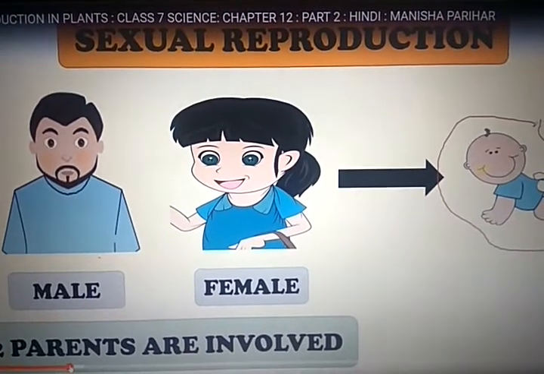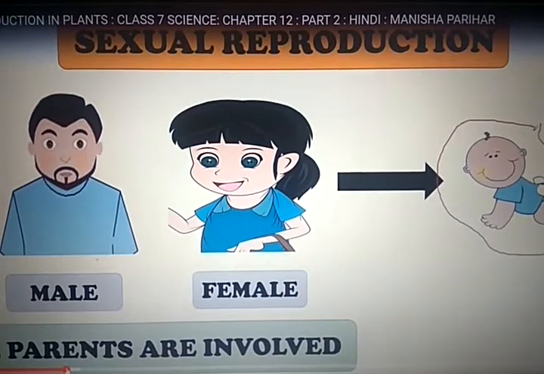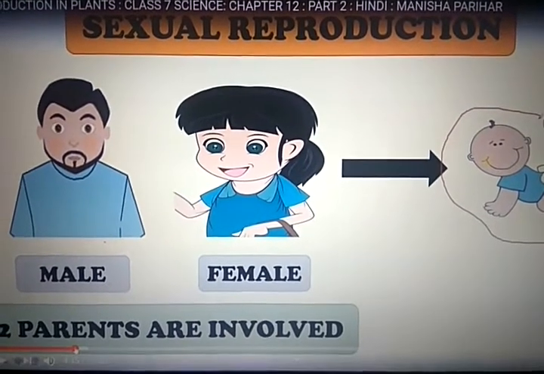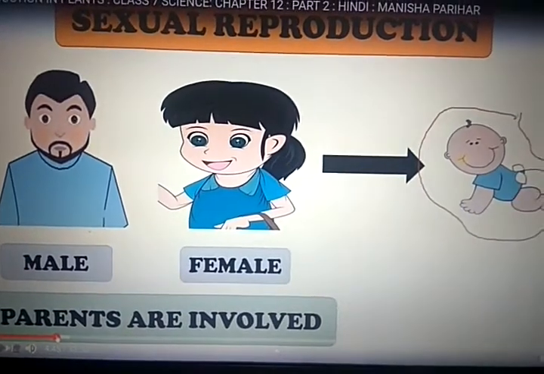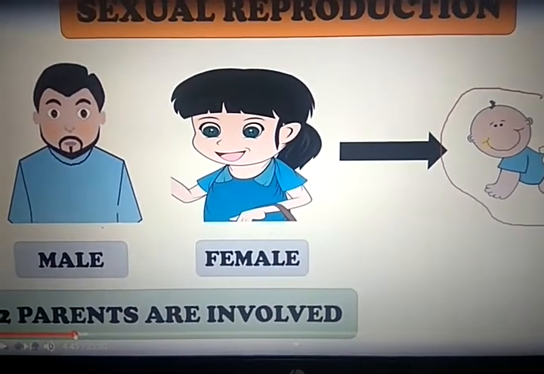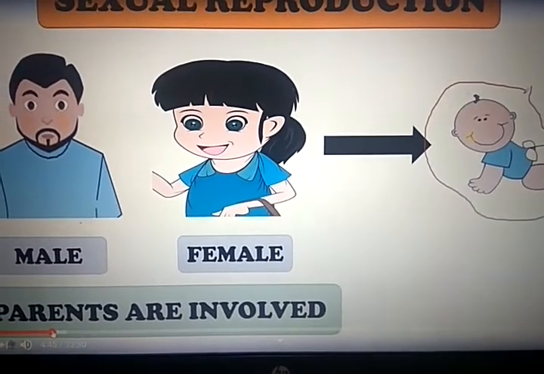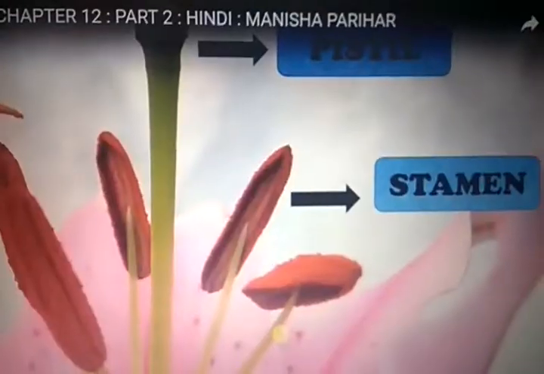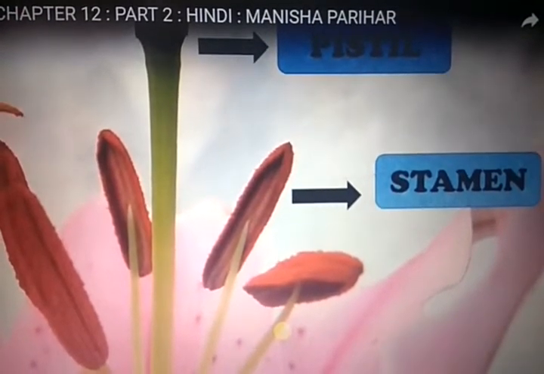As we had seen, in sexual reproduction two parents are there, male and female, right? Two parents are involved in sexual reproduction, and the product is the child. Correct? Similarly in plants, pistil and stamen.